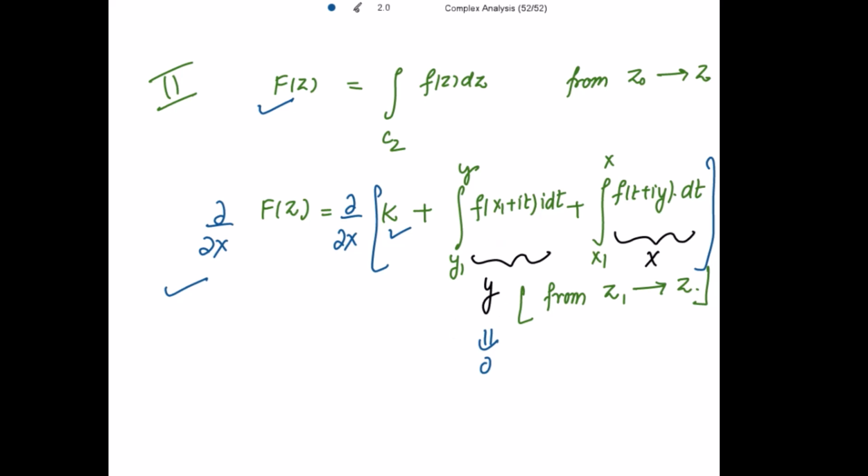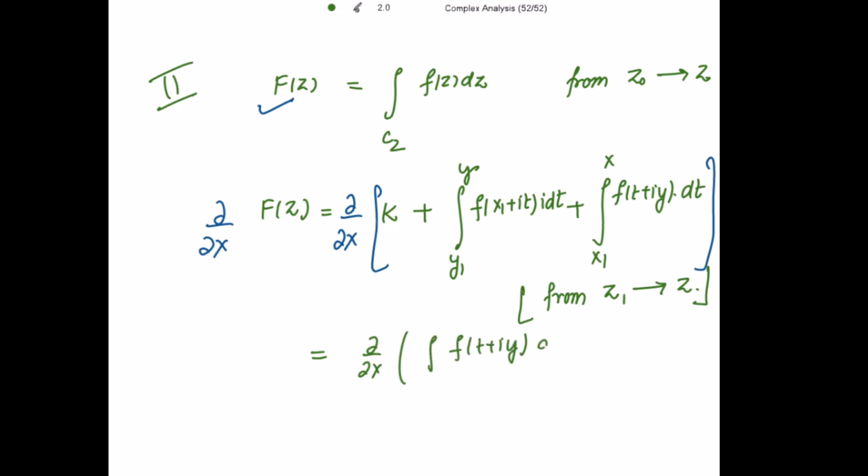So this second term is also 0. So it remains to differentiate the third term. So we get curly by curly x of the integral of f of t plus iota y dt from x1 to x. And from the result, this gives the value as f of, replacing t with the upper limit, x plus iota y, right?